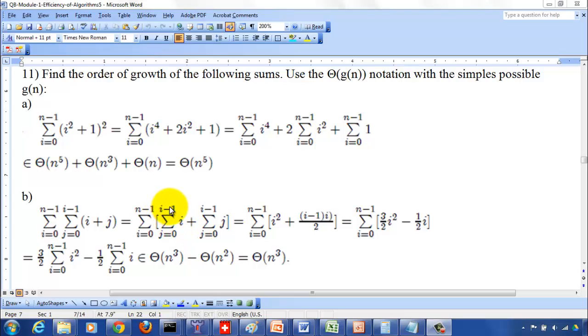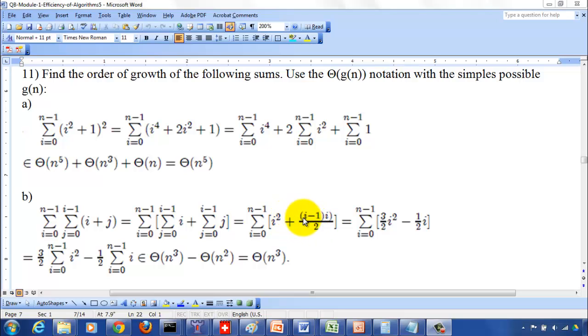So it's i minus 1 minus 0 plus 1, so that is i. So it's i times i, which is i square, for this term. And this is sigma j equals 0 to i minus 1 of j. You see, this is like i is n and j is like your i, so I can say this is i minus 1 times i minus 1 plus 1 over 2.